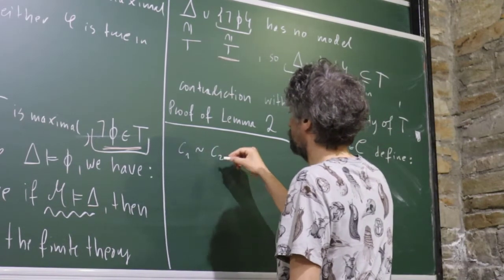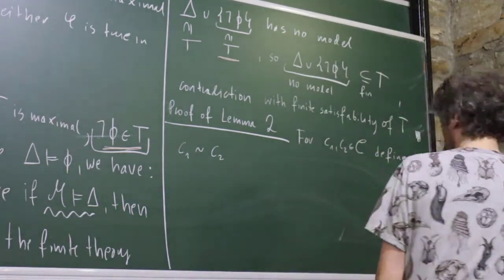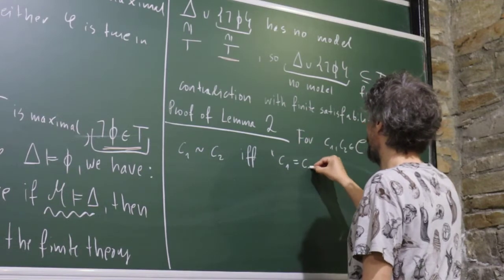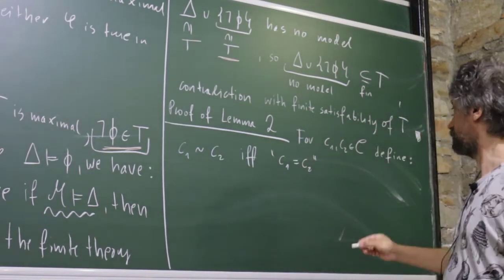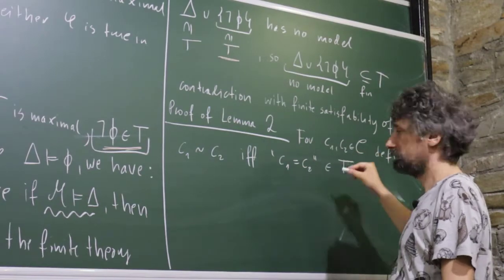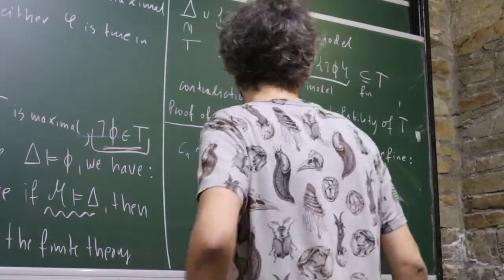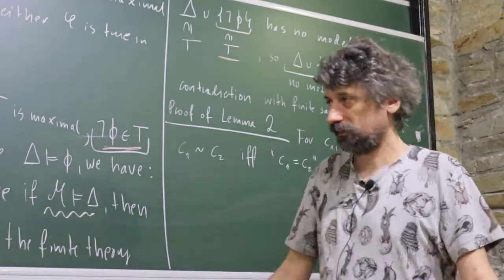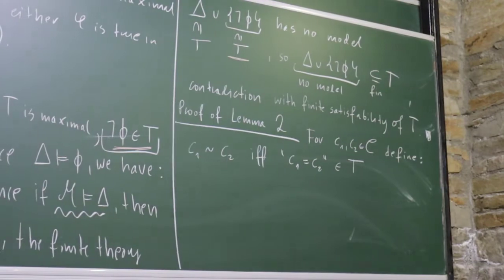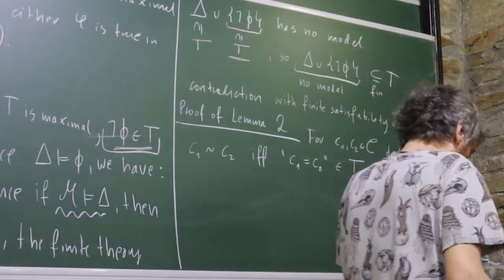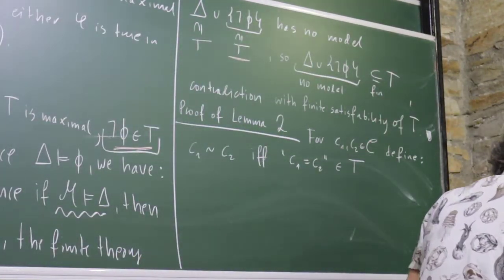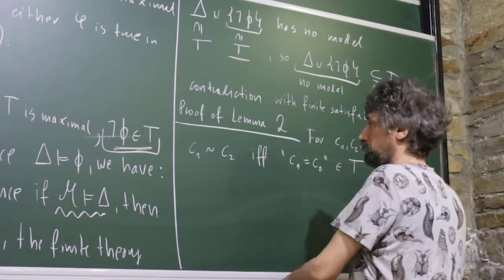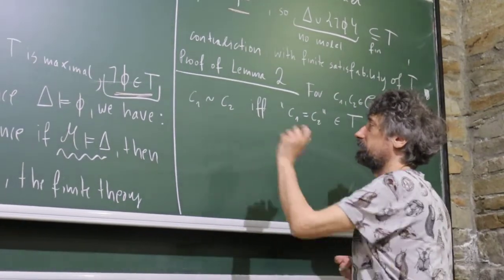We say that c1 is in this relation with c2 if and only if the sentence c1 = c2 is in T. Quite natural: in T their interpretations are always the same, so in the model they also have to be the same. It's a natural thing to do. And now first we want to show it is an equivalence relation.